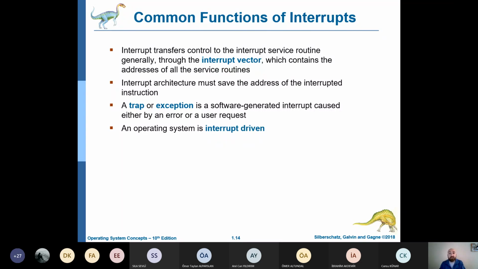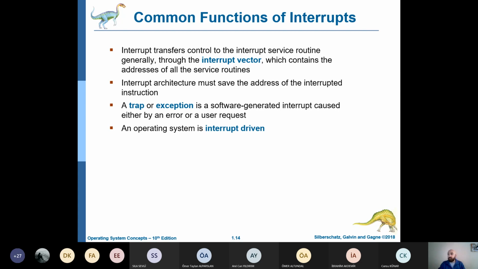Interrupts transfer control to the interrupt service routine generally through the interrupt vector, which contains the addresses of all the service routines, and the interrupt architecture must save the address of the interrupted instruction. You have an interrupt vector. That interrupt vector provides the addresses of service routines. So based on your interrupt, you can look up that vector and find the right address for your service routine.